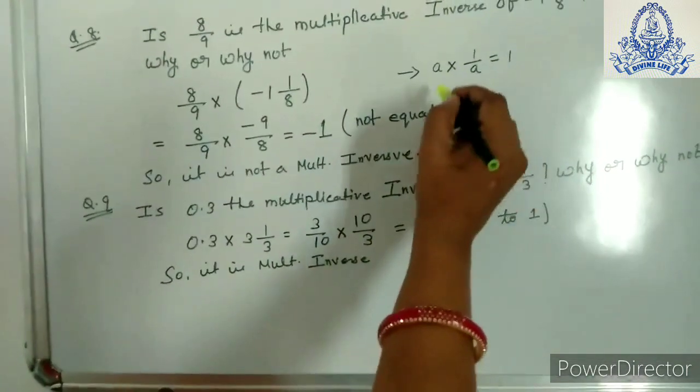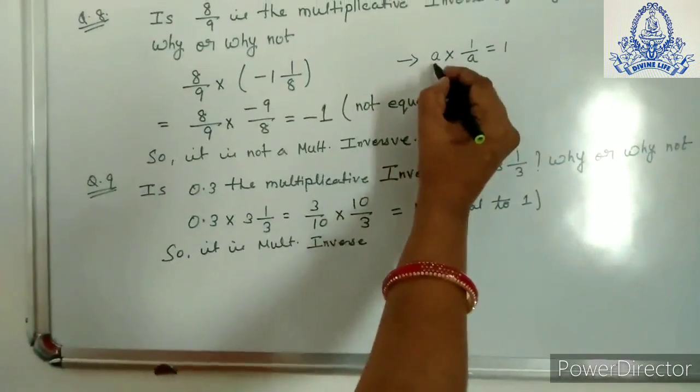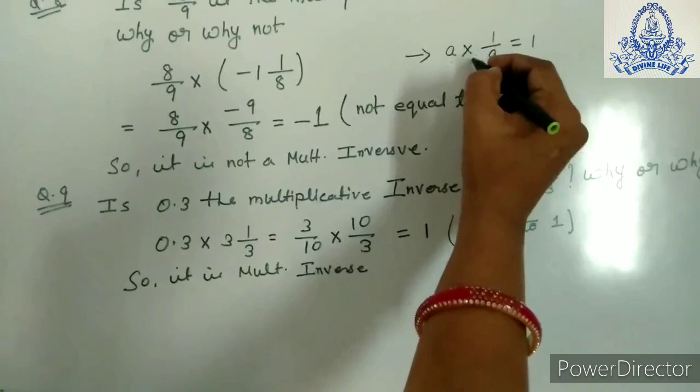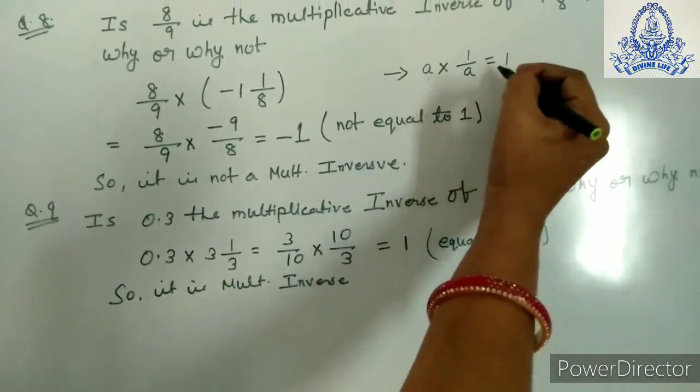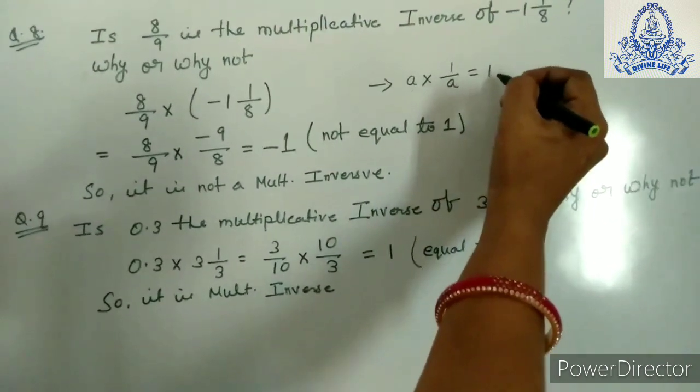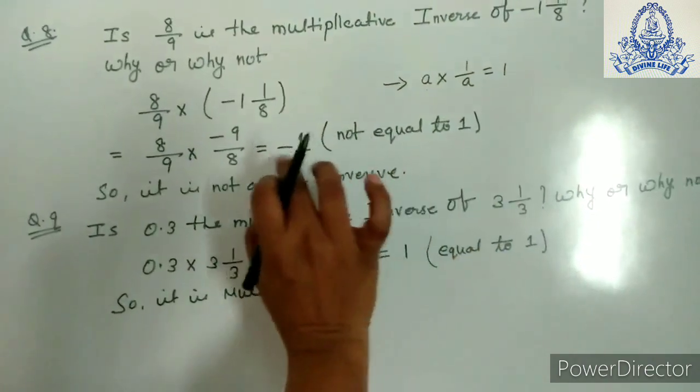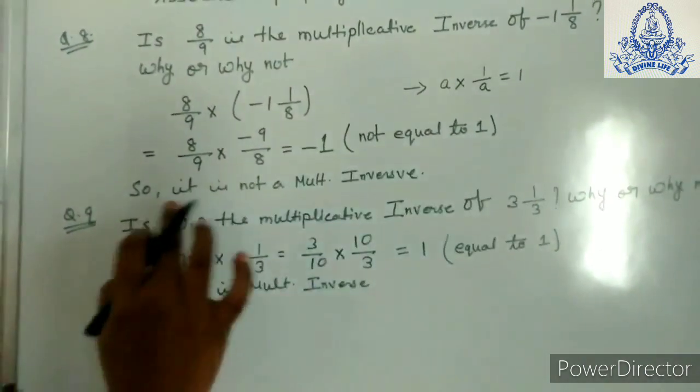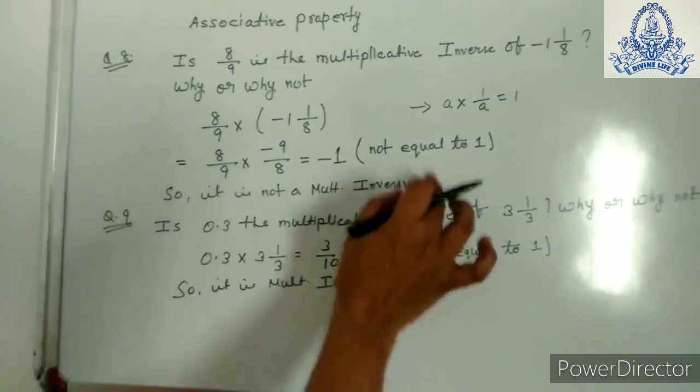Under multiplicative inverse, if a rational number is multiplied with its reciprocal, it will always be 1. So here it is not equal to 1, so it is not a multiplicative inverse.